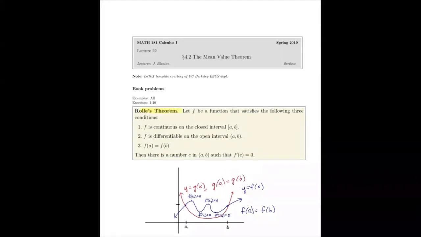A lot of this stuff won't feel like just rote mechanical working through solutions to problems, like a lot of other calculus sections have felt in the course so far. It'll be a little bit more conceptual, a little bit more theoretical.